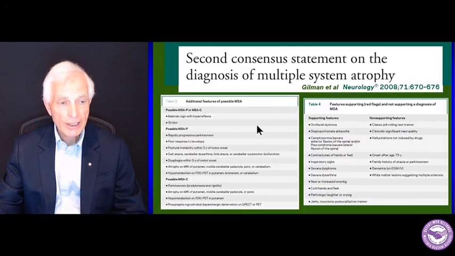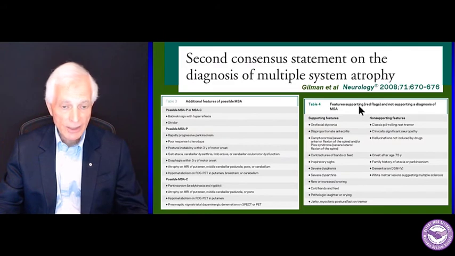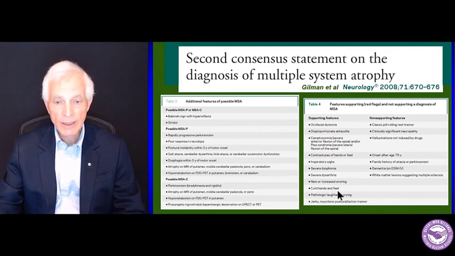And these criteria also highlighted additional features for possible MSA and the presence of red flags that suggested a diagnosis. Remember, I told you about respiratory stridor and cold hands and feet, etc., pathologic laughter and crying, as well as features that were against the diagnosis. Again, I told you about hallucinations or a strong family history, etc.